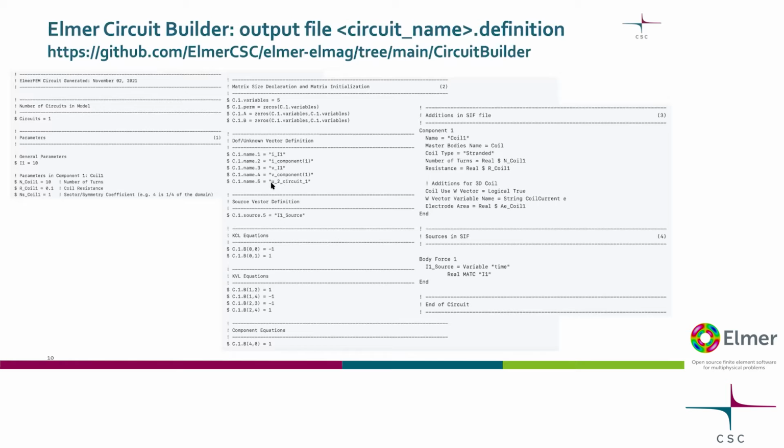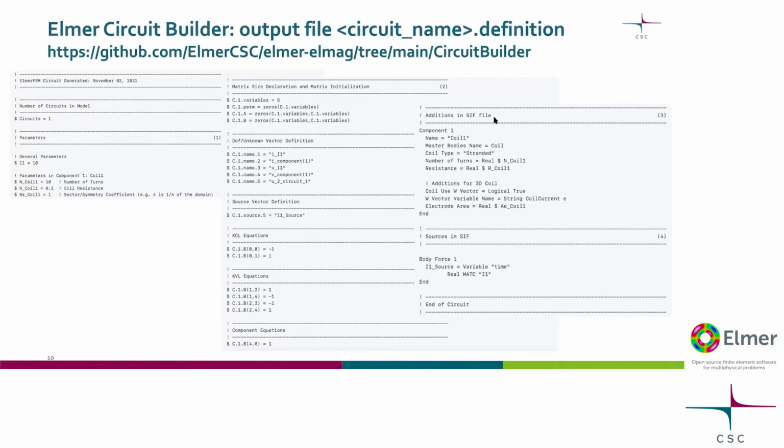And this is because of the method we're using to build these matrices, which is called tableau method or tableau analysis, if you've heard of it. So this is just a nodal potential. And then here you have I1, the source. You have your Kirchhoff current law and voltage law equations, your component equations.